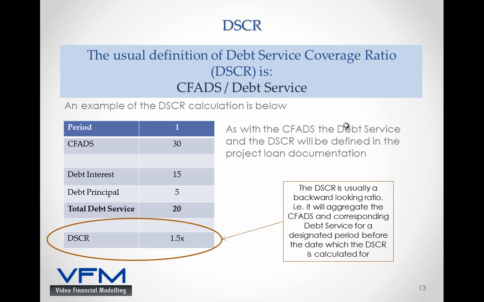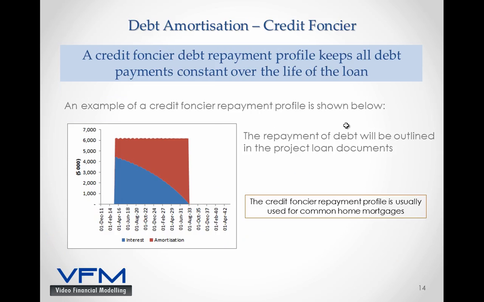All you have to do is simply rearrange this debt service coverage ratio calculation. So instead of debt service coverage ratio equals CFADS divided by debt service, what we'd have is debt service equals CFADS divided by debt service coverage ratio. Okay, so just rearranging that formula.